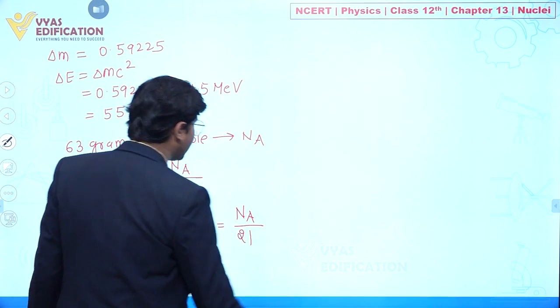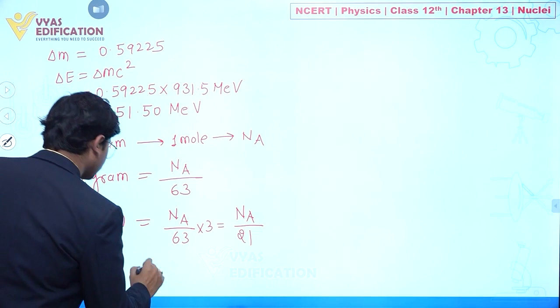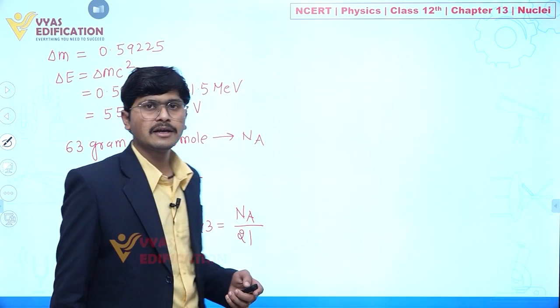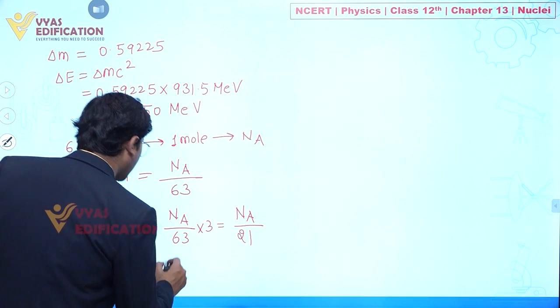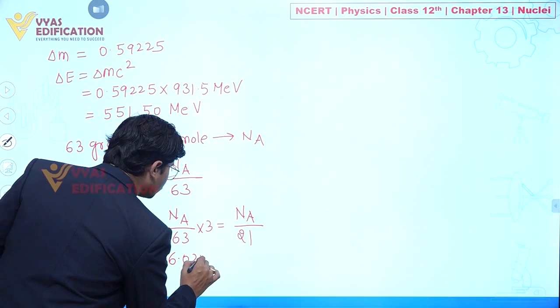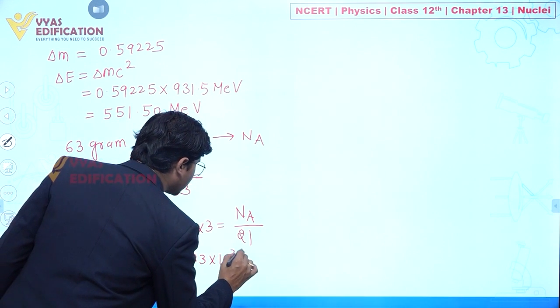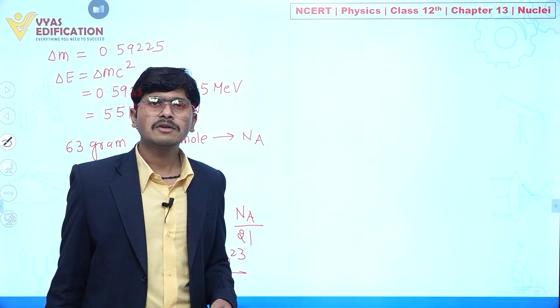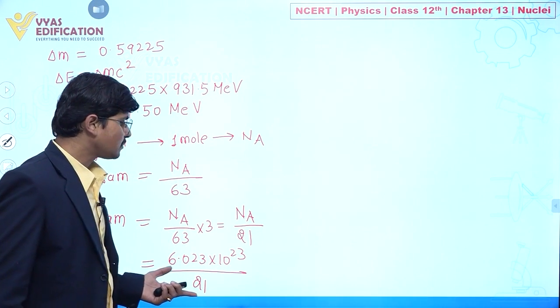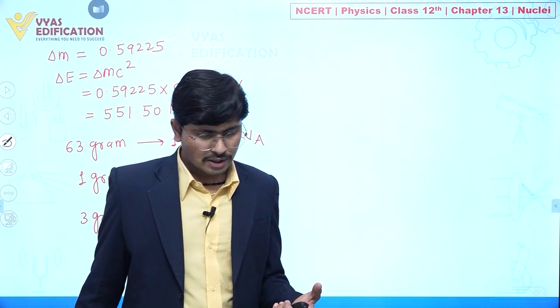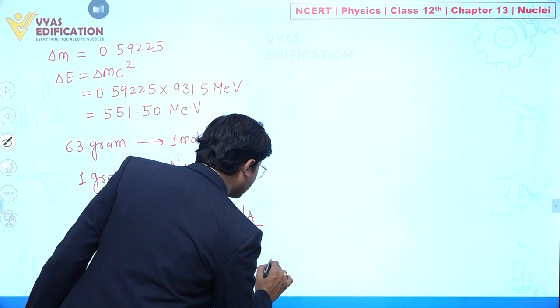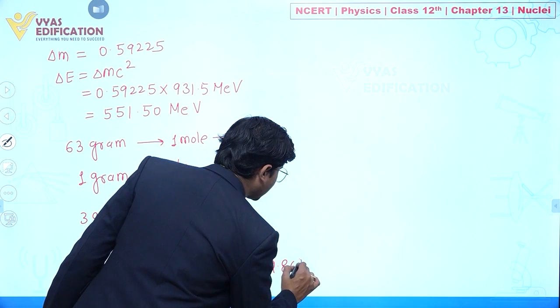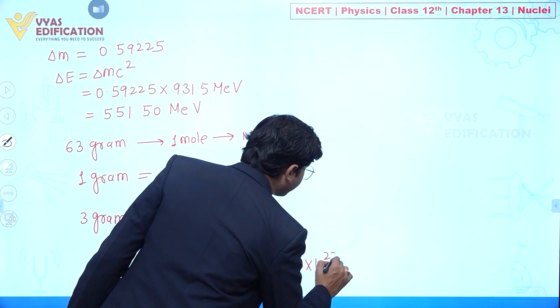Clear? So now Na means the Avogadro number, and this should be 6.023 into 10 to the power 23 divided by 21. So from that you can find the number of atoms present. The number of atoms you will find is near about 2.868 into 10 to the power 22.